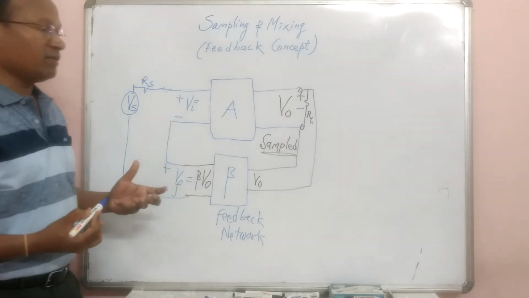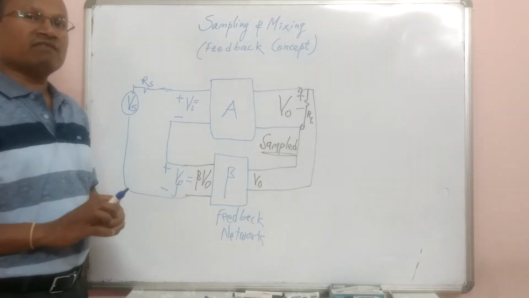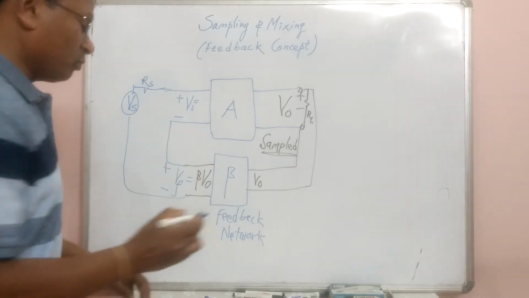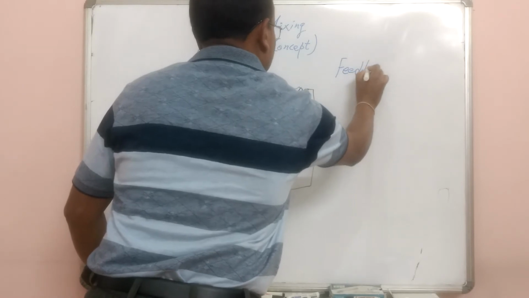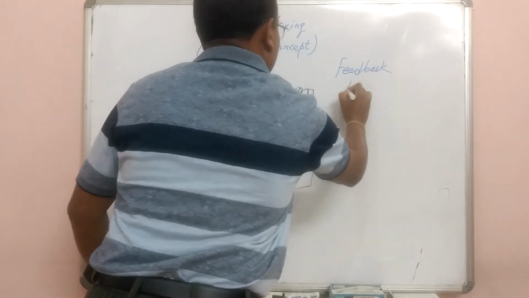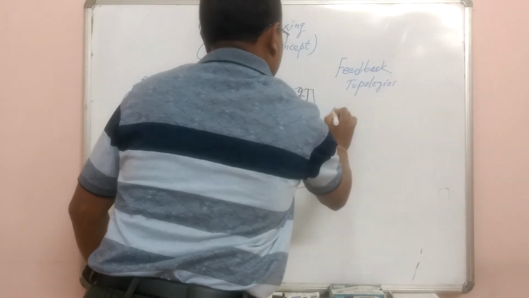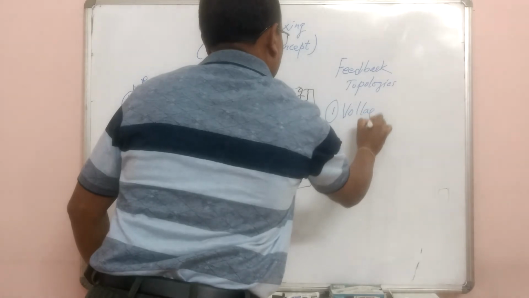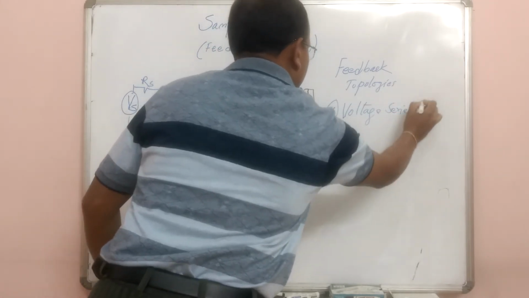This is the basis by which we have four different feedback topologies. The first one is voltage series feedback.